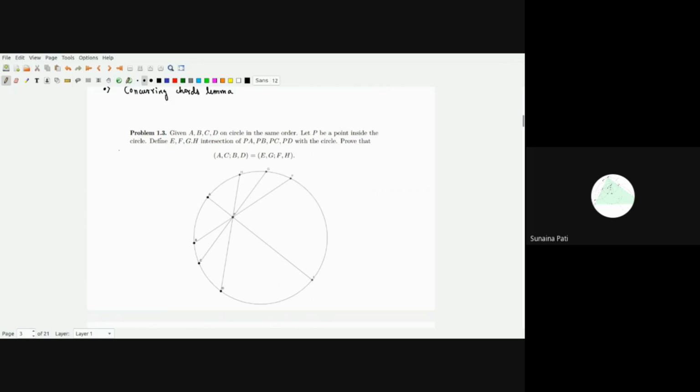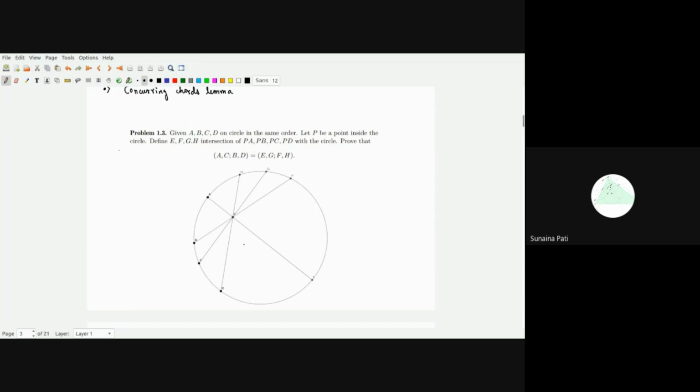I'll just repeat what the statement says. You have points ABCD lying on the circle in the same order. You have a point P inside the circle, and then you define EFGH as the intersection of PA with the circle, PB with the circle, PC with the circle, and PD with the circle.